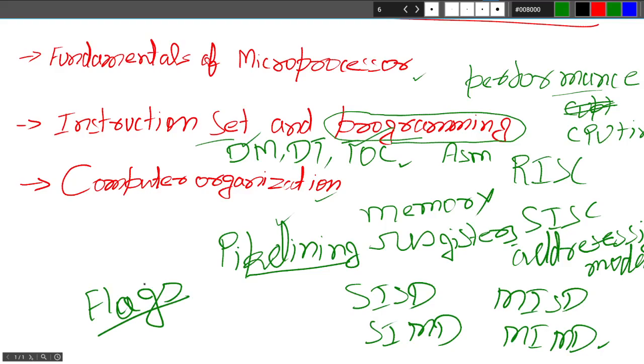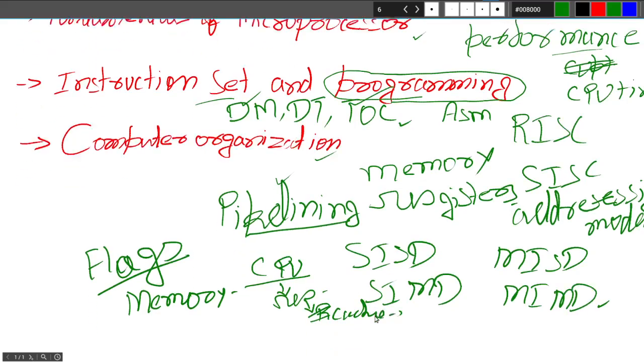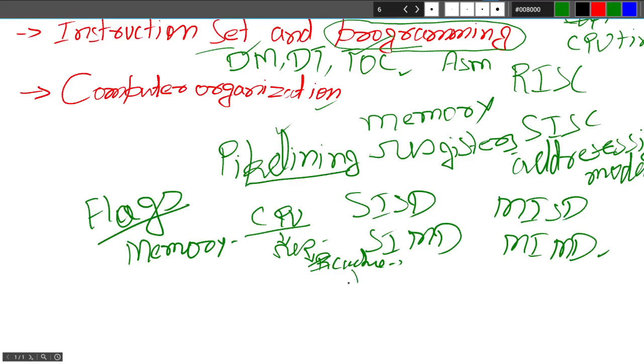Actually, when you learn about memory organization, you will also learn about the relation between the CPU, registers, RAM, and in between the cache memory. After registers the RAM can be there, or in between there can be cache memory, after the cache RAM is there, and from RAM secondary memory can also be there.